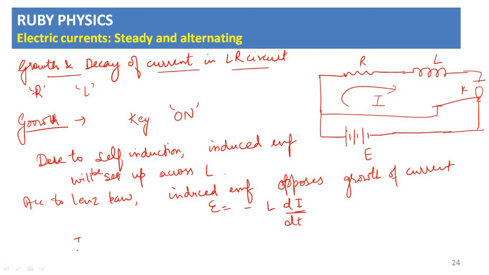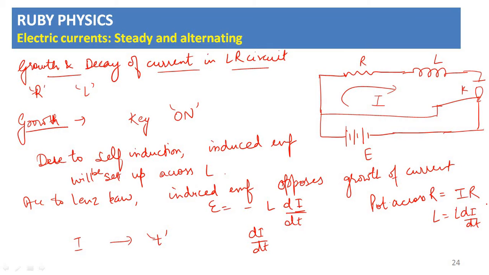So let's say I is the current that is flowing at a particular instant of time t, and di by dt is the rate of growth of current at that instant. We can write the potential across the resistor as equal to IR, and the potential across the inductor L will be equal to L di upon dt.